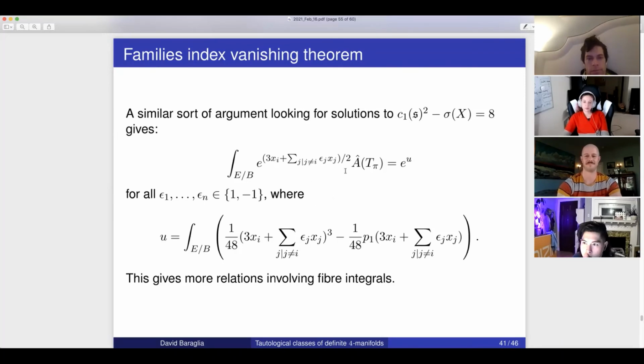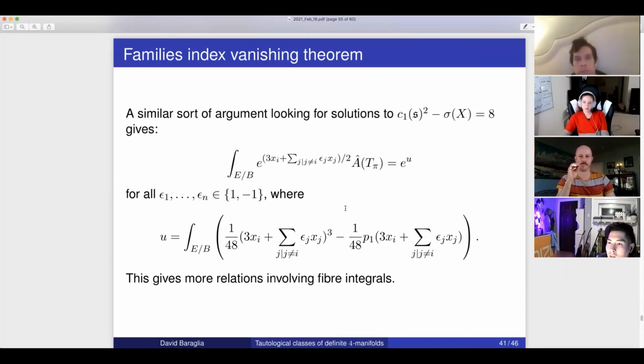If you sit down and work out what u should be, u has to be some expression like this. The particular formula is not so important here. I just want to highlight that you get out of this vanishing theorem a whole bunch of relations.